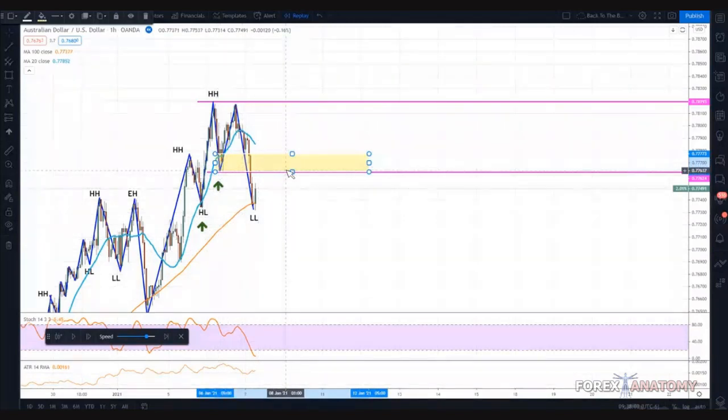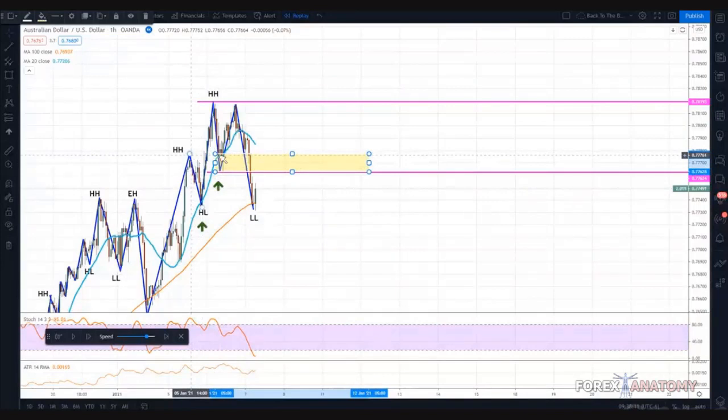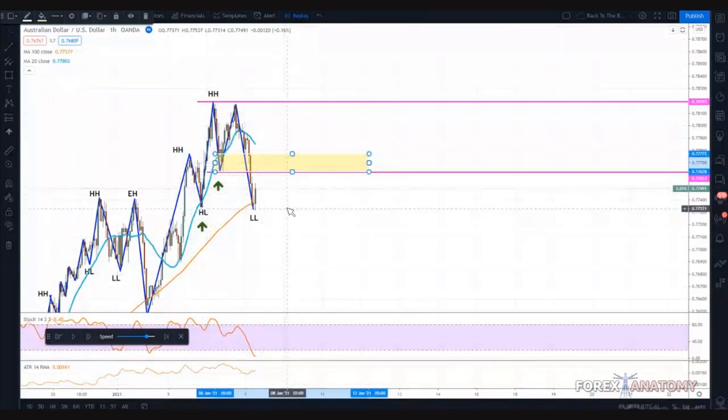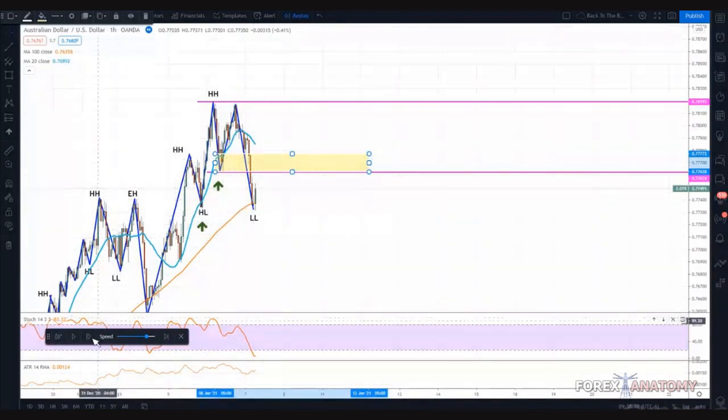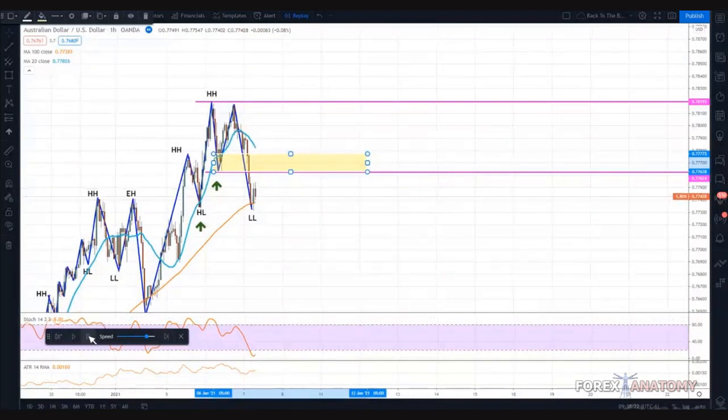And how am I defining this zone? Well, it's where this swing low is and where this swing high is. This zone right here is the area of interest. So then let's see what happens right now. So then we're waiting for a lower high. And from there, we'll be looking for a potential sell.